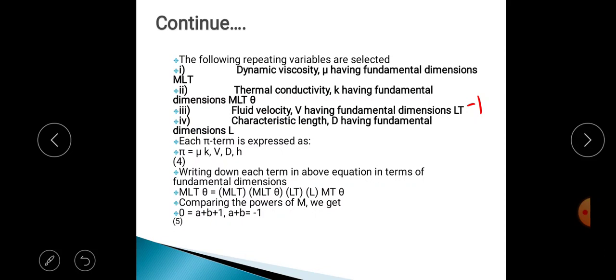Then we write down each term in the above equation in terms of fundamental dimensions. Again, I think there are some mistakes here. Powers are missing. So now comparing the powers of M, we get 0 is equal to a plus b plus 1, or we can also write a plus b is equal to minus 1.